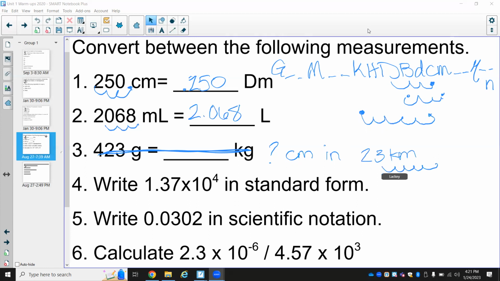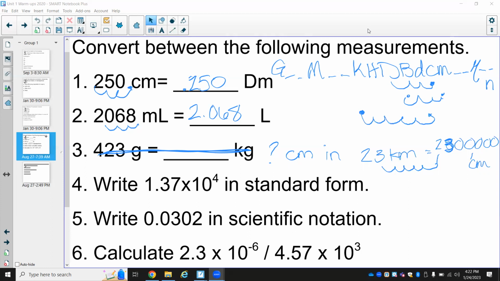So we would fill in all of those with zeros as placeholders. So that would be 2,300,000 centimeters are in 23 kilometers. So simply pay attention to which direction you need to move the decimal and how many times you need to move the decimal.